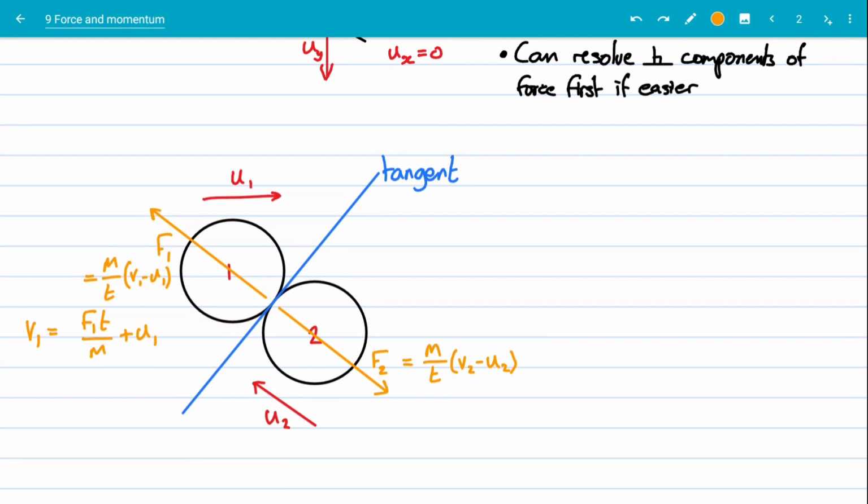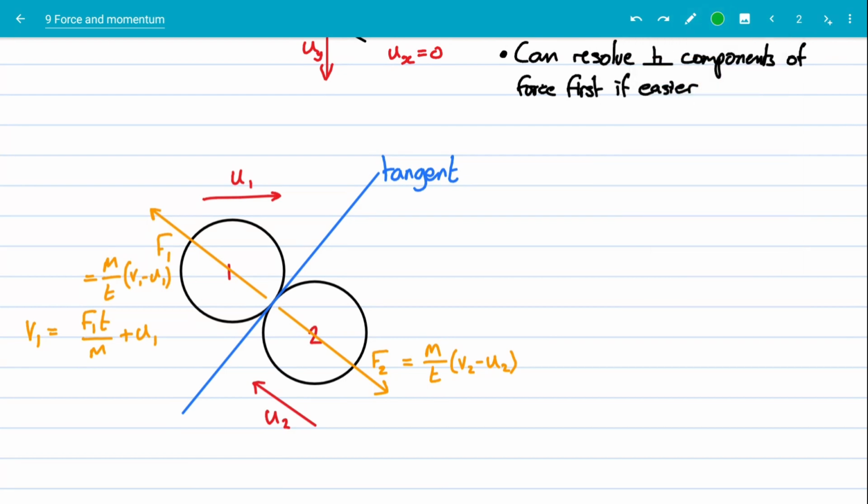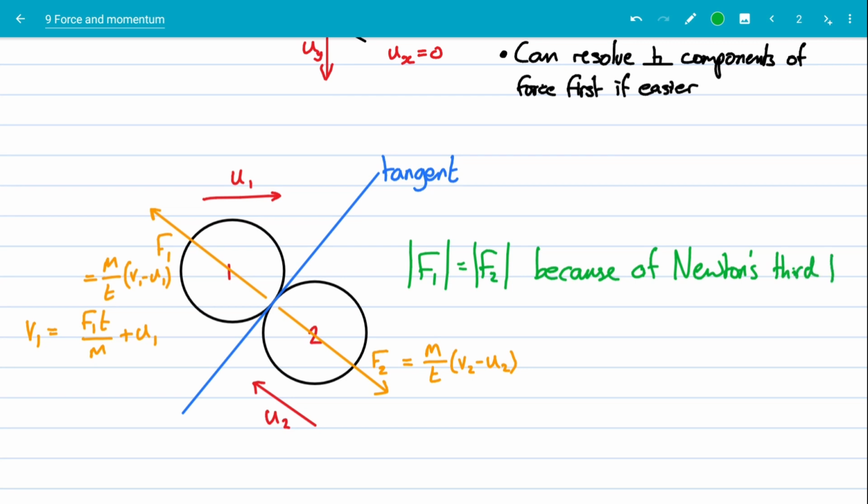And I'm still hinting at Newton's third law. It's so tantalizing, isn't it? Look, the magnitude of F1 will equal the magnitude of F2 because of Newton's third law. And I haven't even said what it is yet.